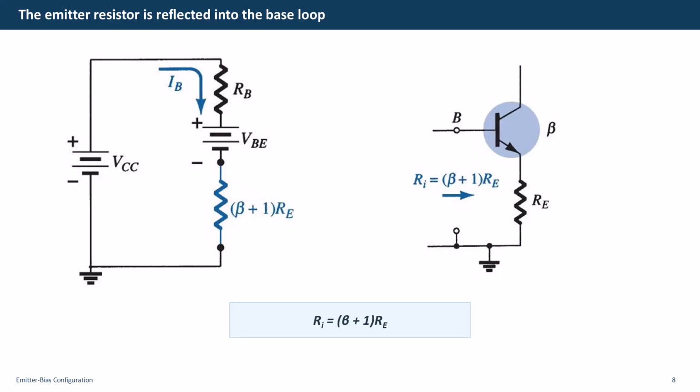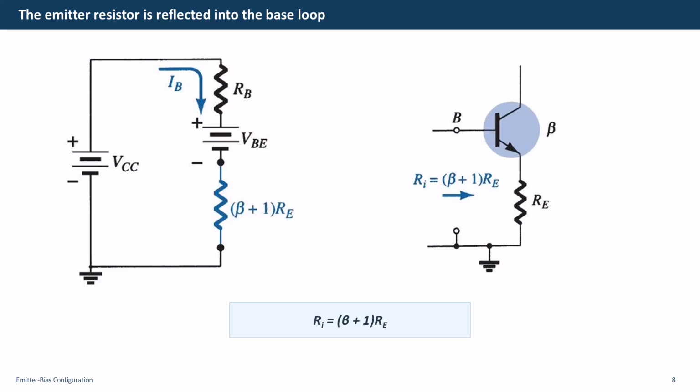The effective resistance is the physical base resistor plus a reflected emitter resistance. From the base, the emitter resistor appears multiplied by beta plus 1 because emitter current is beta plus 1 times base current. Therefore, a base current change produces a much larger emitter current change and a correspondingly larger voltage change across RE.